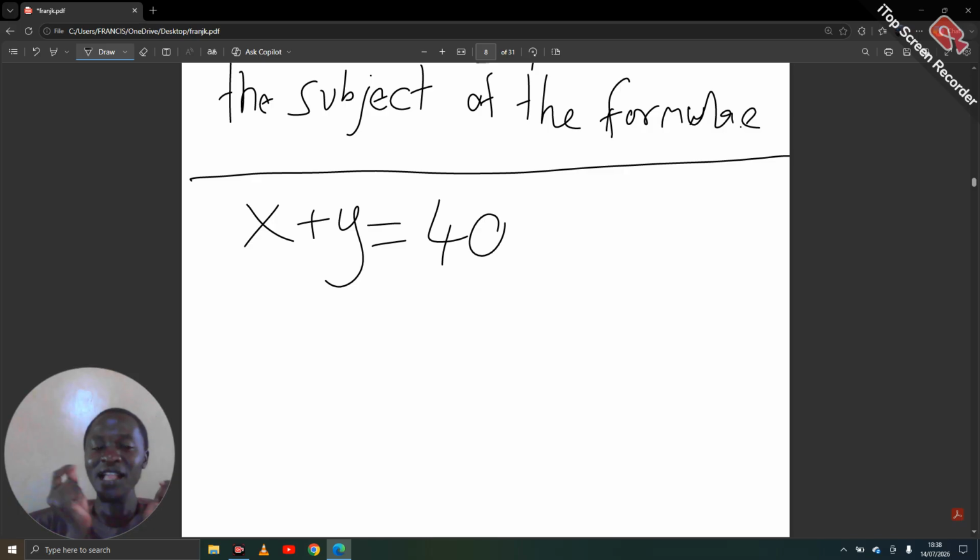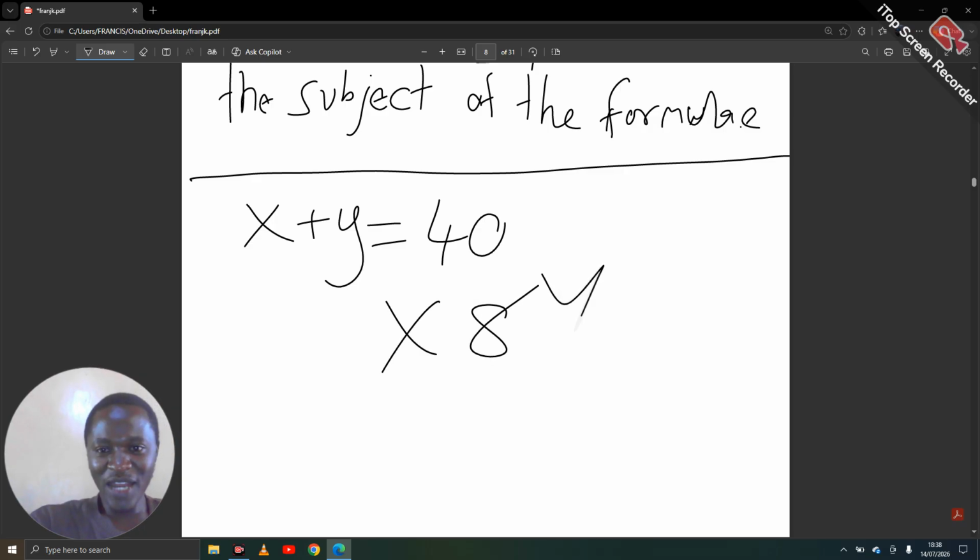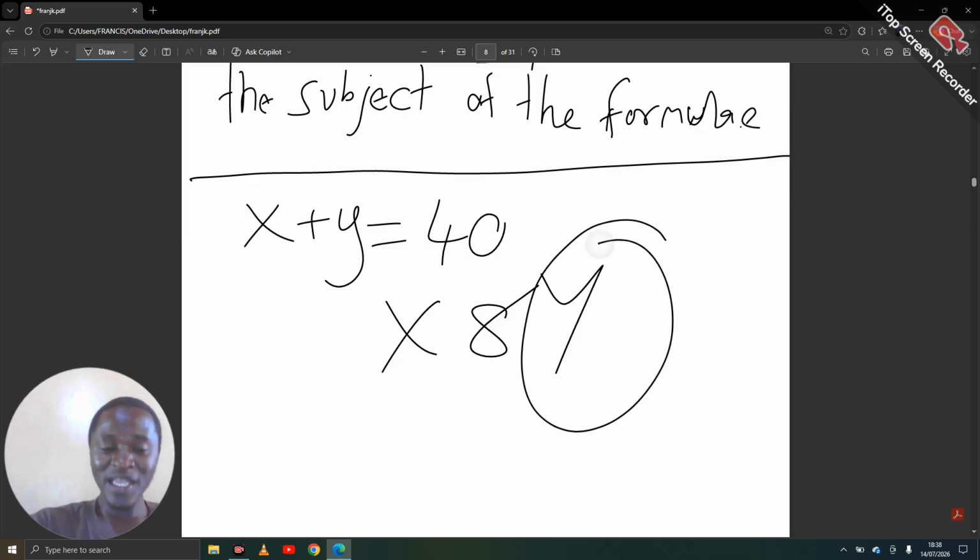Now, these people have given you x as the term, and we are only having x and y. What is the second variable, or what is the remaining variable? Obviously, it is y. So this y is the one that we shall make the subject of the formula.